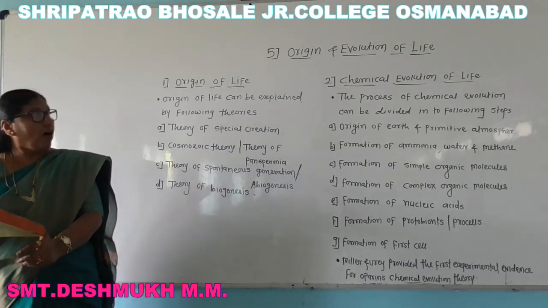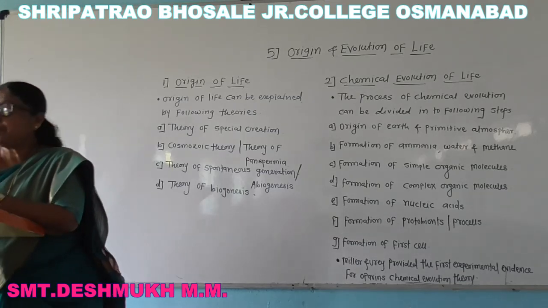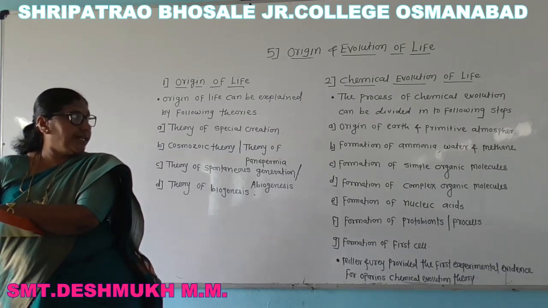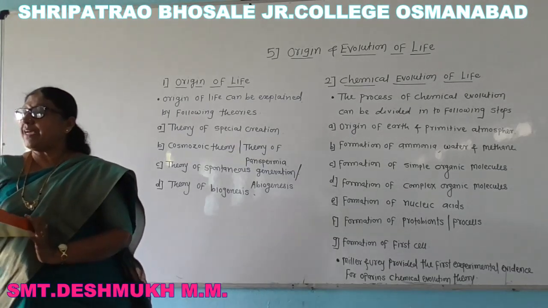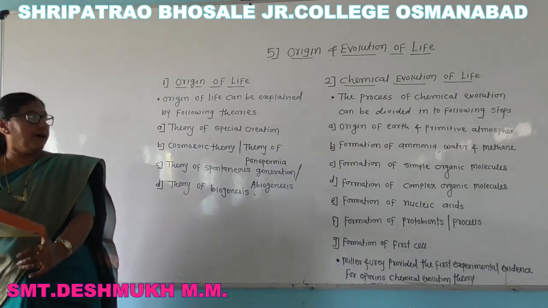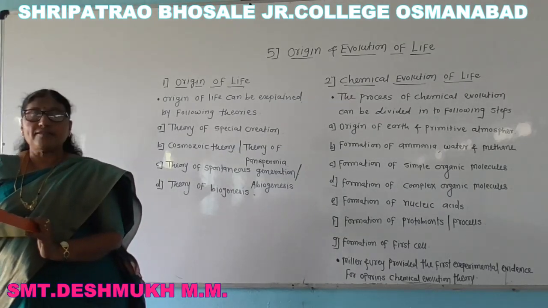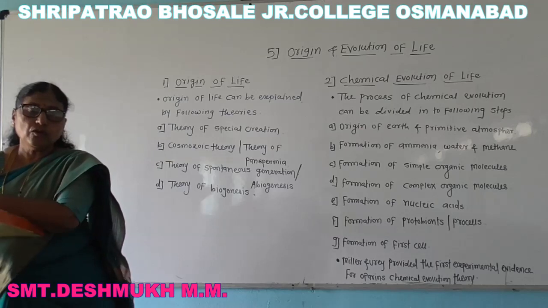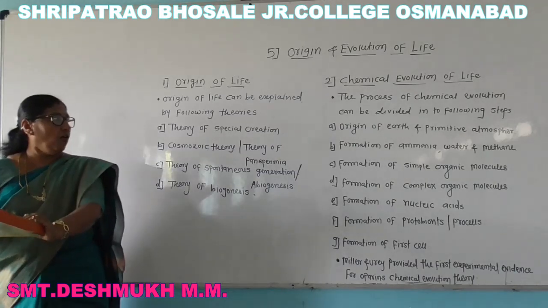According to this theory, life originated on the earth by combination of several chemicals through constant chemical reactions over a long period of time.